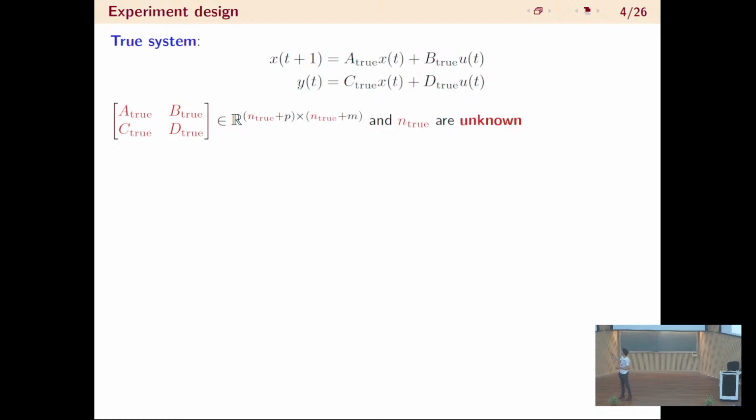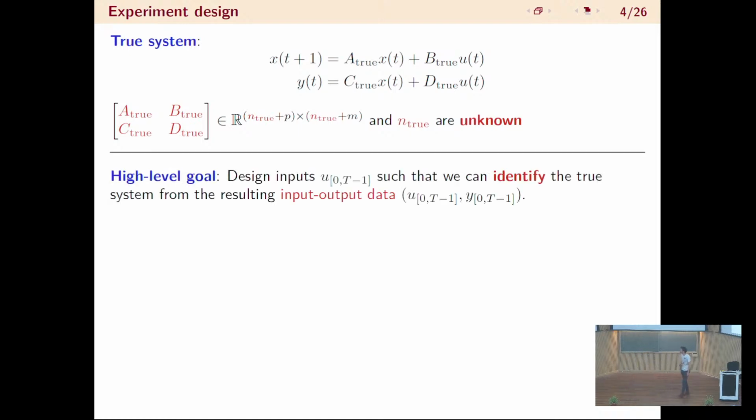So we do not know n true, and we also do not know the parameters of the model. So we do not have access to these matrices A true, B true, C true, and D true.